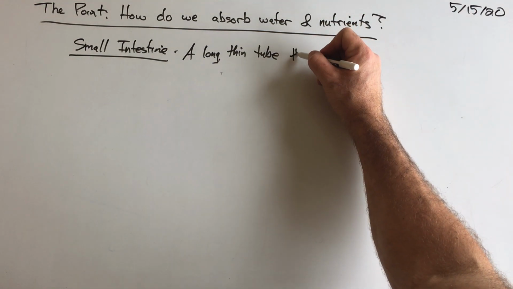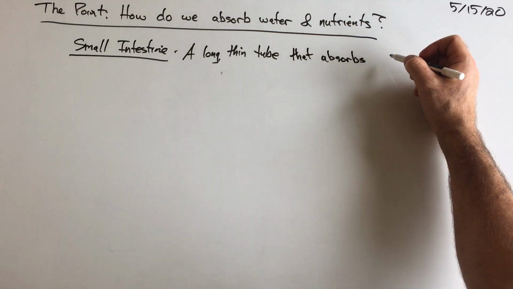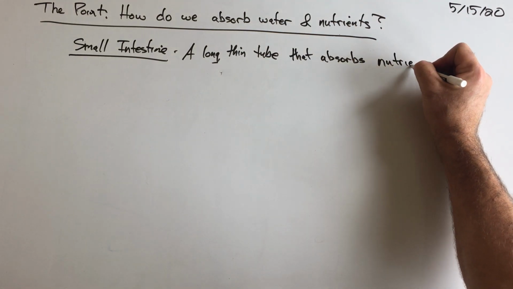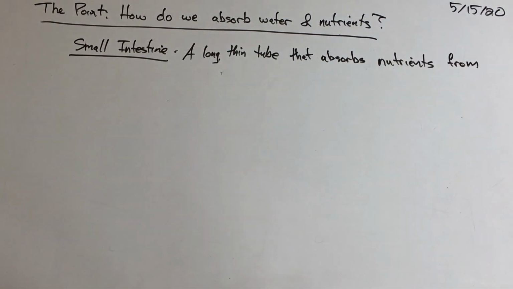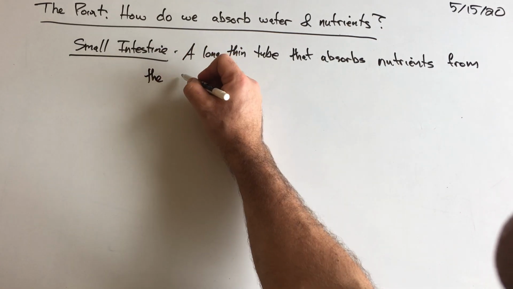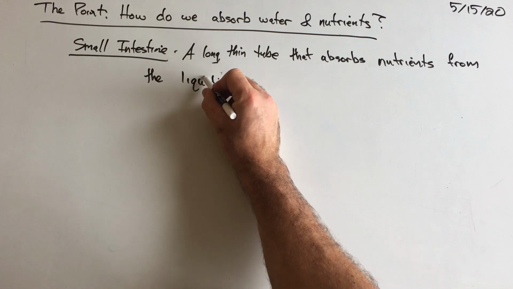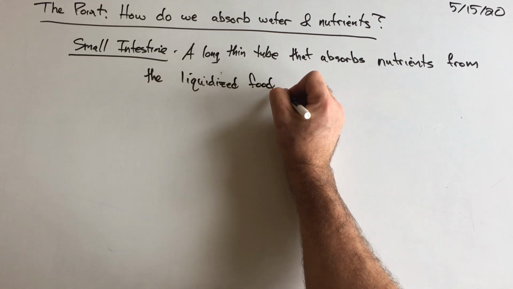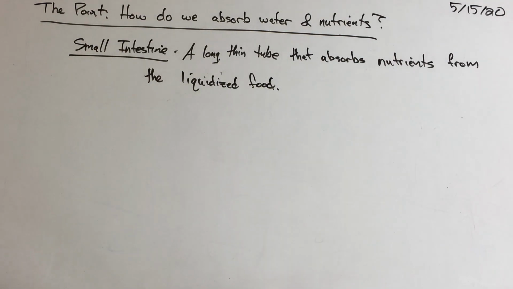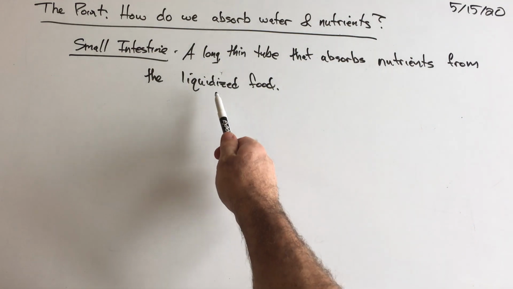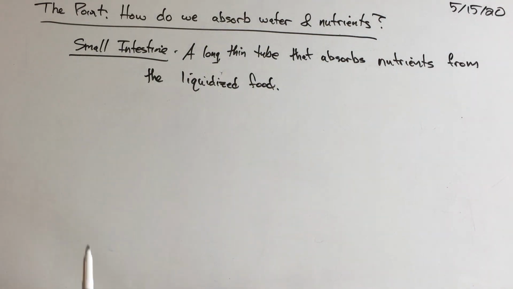A long, thin tube that absorbs nutrients from the liquidized food. Now, if you remember, the teeth and the stomach liquidize our food. They make soup out of it, right? No matter what we eat, it becomes soup. And then from that soup, we absorb nutrients at the small intestine.